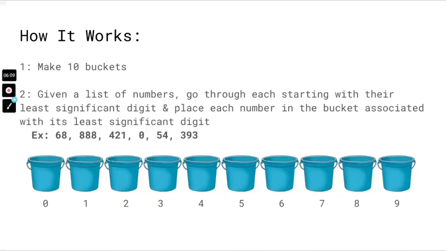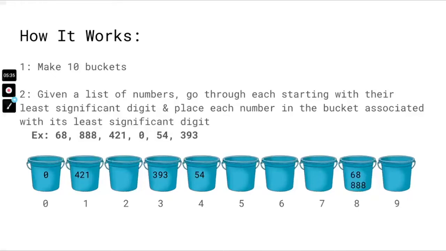So for example, given this list, 68, 888, 421, 0, 54, and 393, these numbers will be sorted based on their least significant digit, so the digit on the right. 68 will go into 8, 888 will also go into 8, 421 will go into 1, 0 into 0, 54 into 4, and 393 into 3. So essentially, the least significant digit is becoming the index into the bucket array.